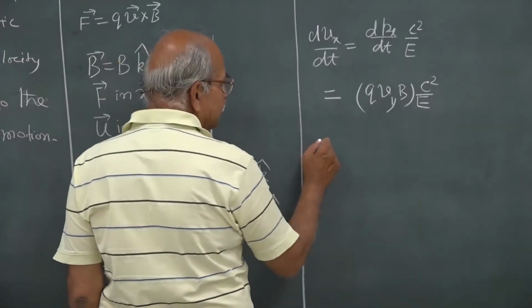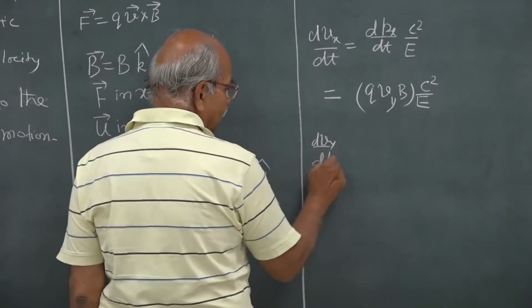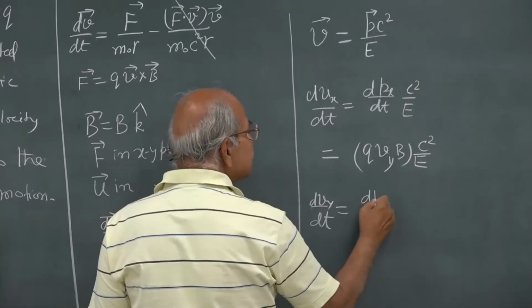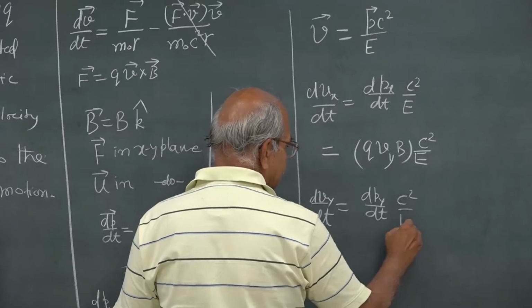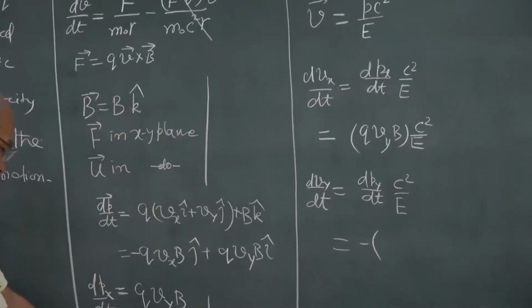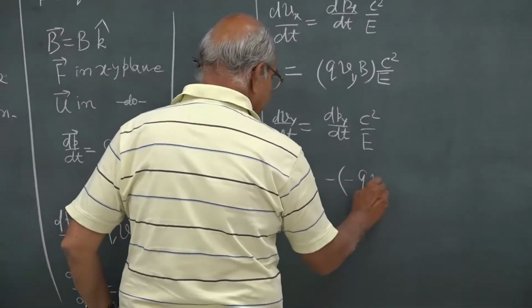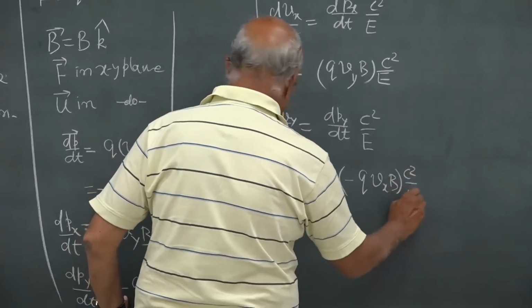And similarly, dVy dt will be dPy dt times c square by E, and dPy dt is minus q Vx B, times c square by E.